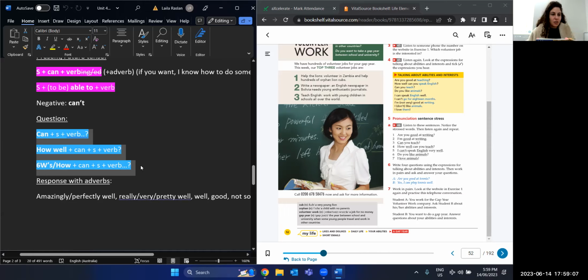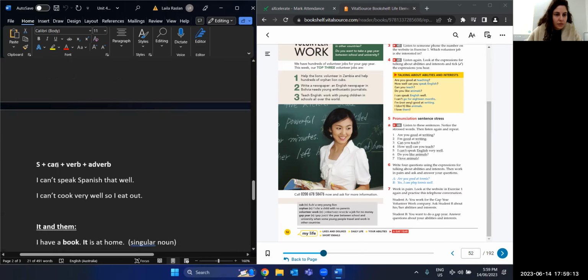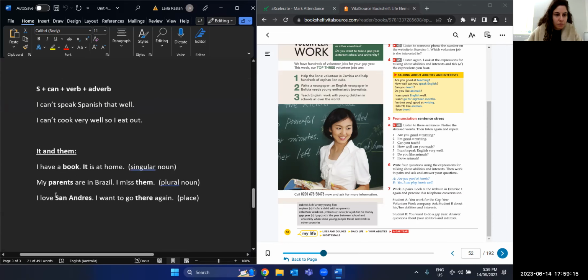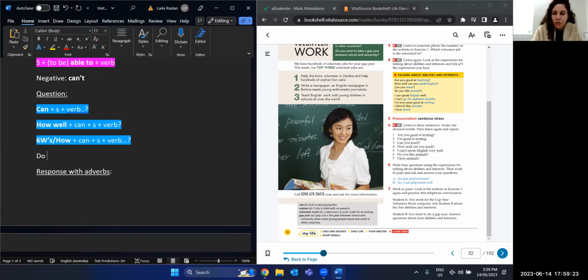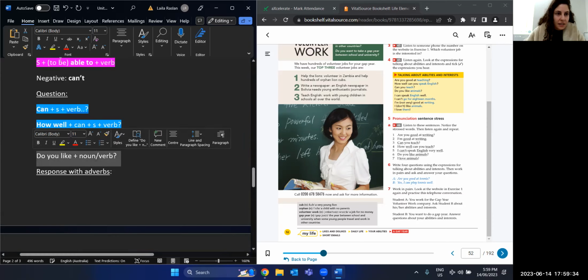So I'll add here, do you like? It could be a noun or it could be a verb, the action. So that's another way to ask a question.